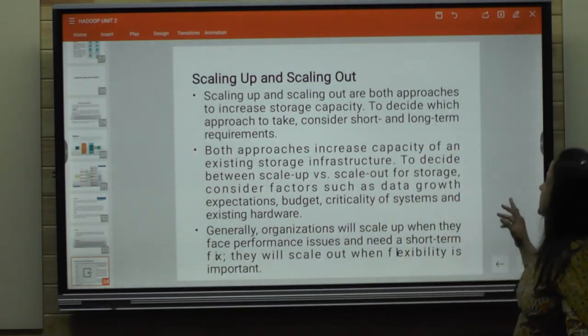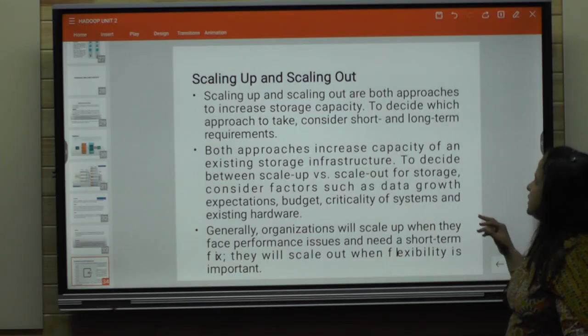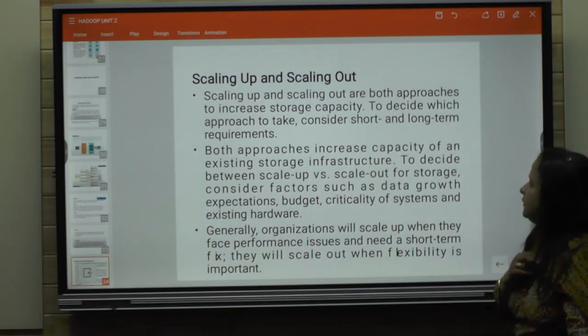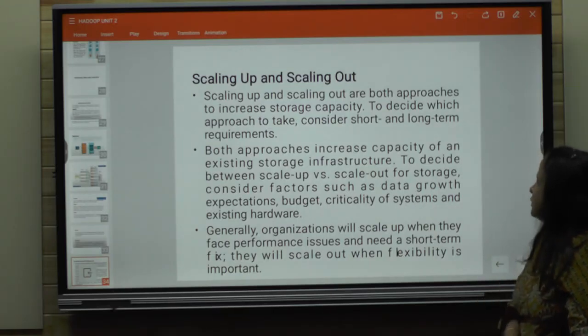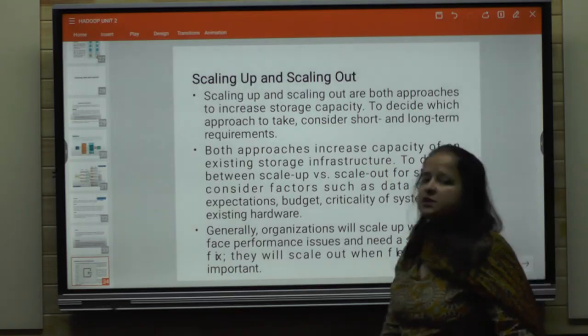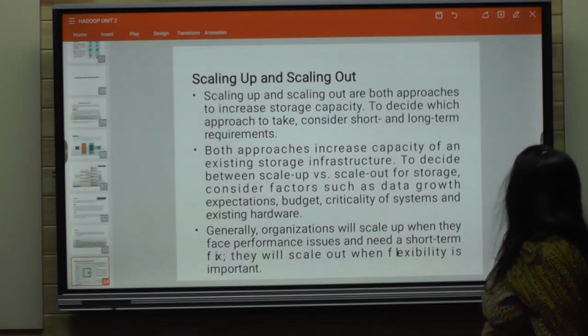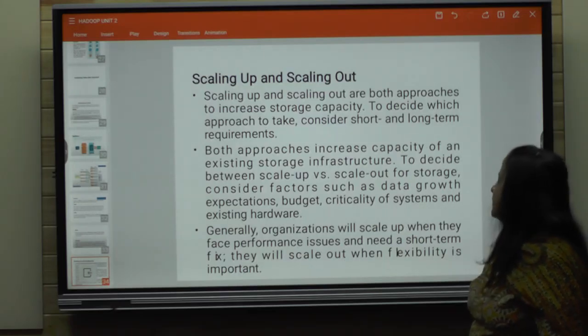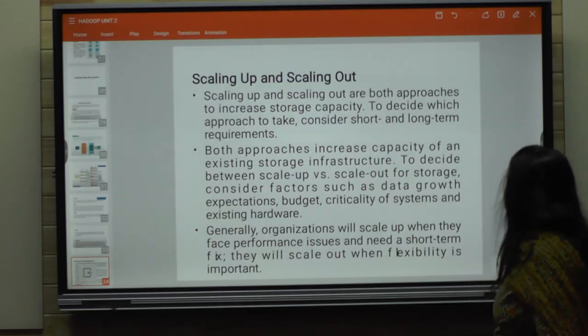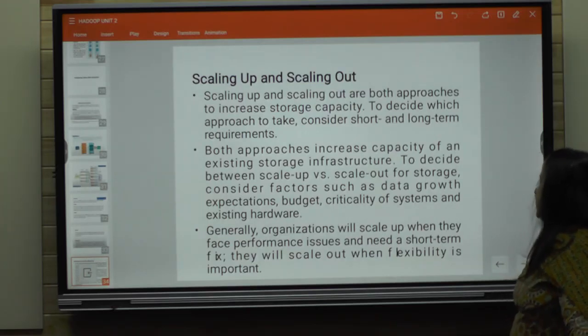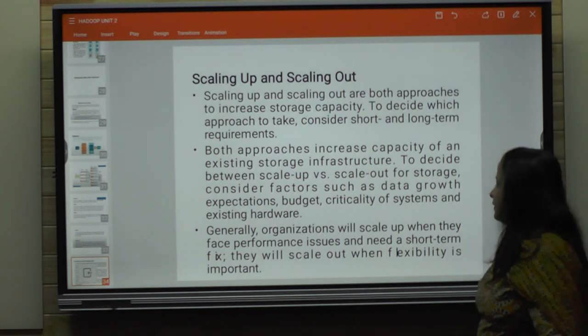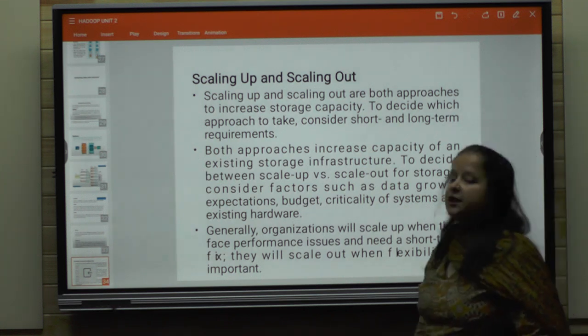Both approaches increase capacity of an existing storage infrastructure. To decide between scaling up versus scaling out for storage, consider factors such as data growth expectations, budget, criticality of the system and existing hardware. Generally, organization will scale up or vertically scale when they face performance issues and need a short-term fix. They will scale out when flexibility is important.